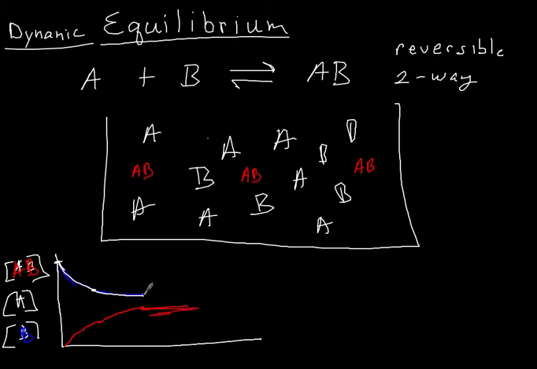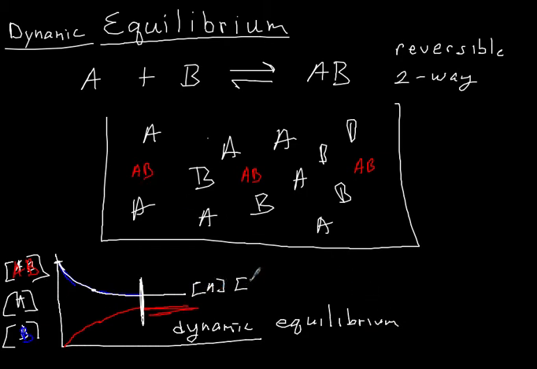At this point of leveling out, we would describe the reaction in terms of dynamic equilibrium. It is in a state of equilibrium, meaning that the concentration of A, the concentration of B, and the concentration of AB are now unchanging. Their concentrations are stable. They have equilibrated with each other.